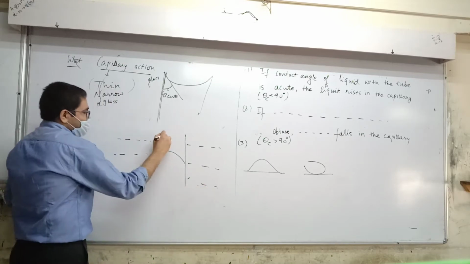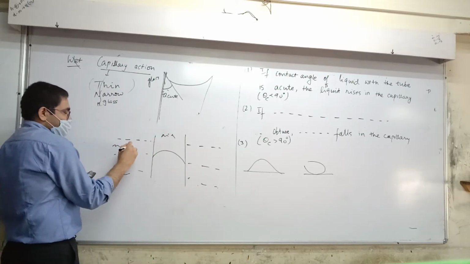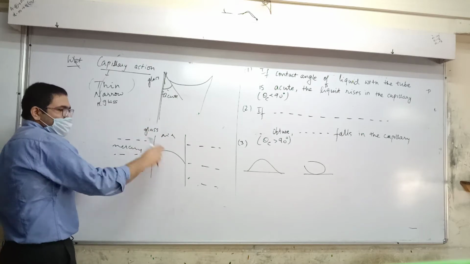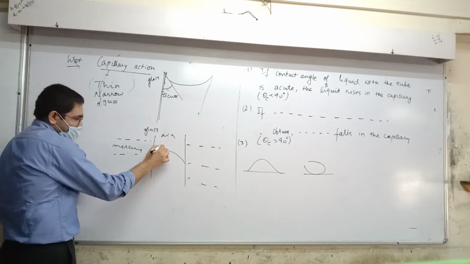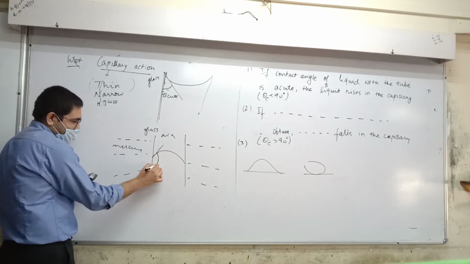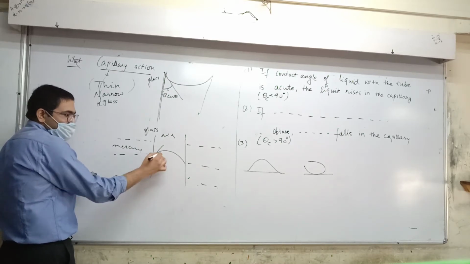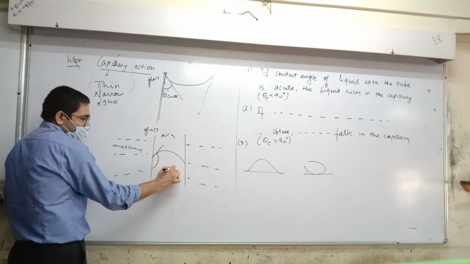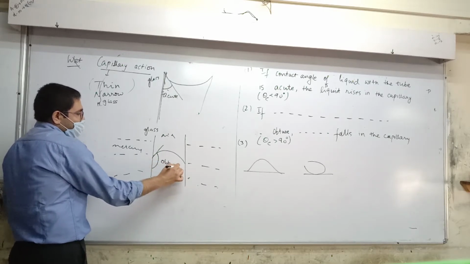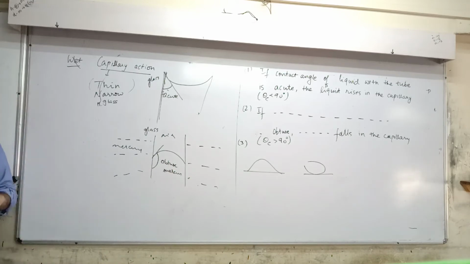Does that make sense to you? Air, suppose mercury, glass tube. It will become like this. So what's the contact angle? Have a look. I'm drawing here. You have to take the angle between this and this. Remember, inside the liquid, this is mercury. So this is an obtuse contact angle. Alright? Clear or not clear?